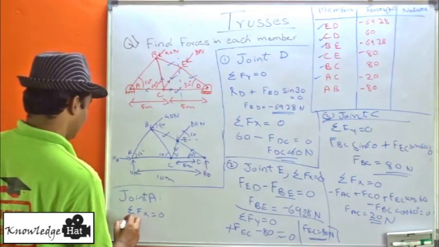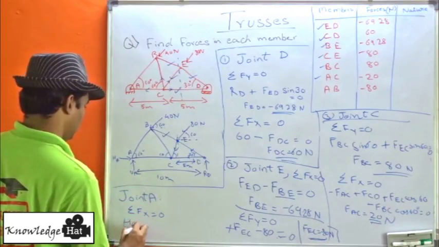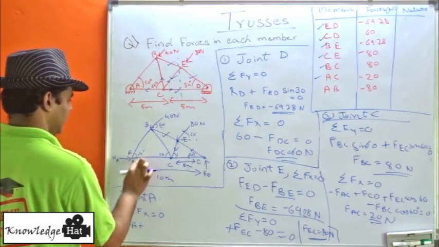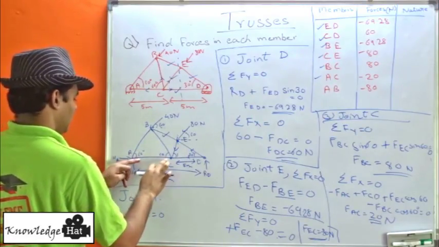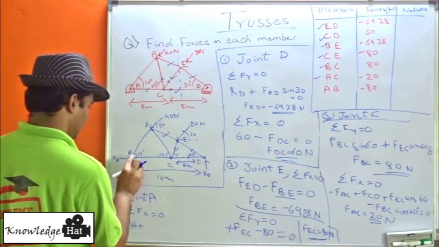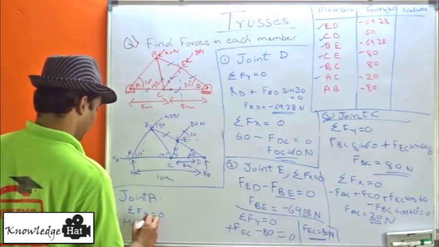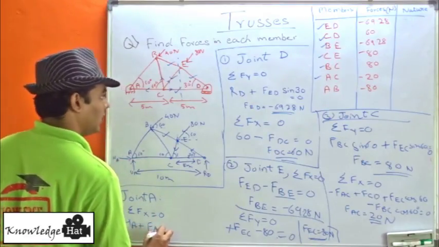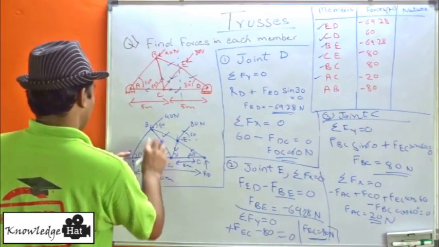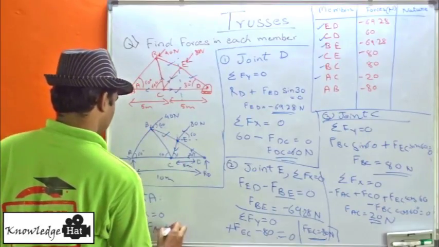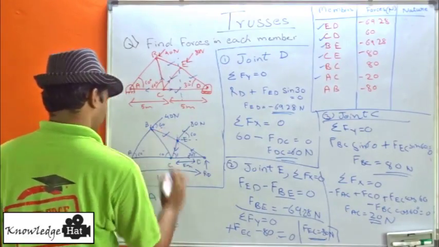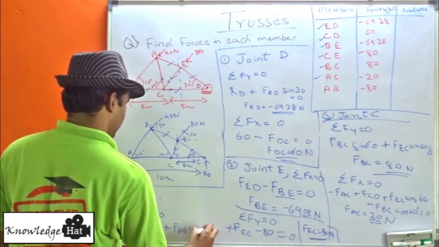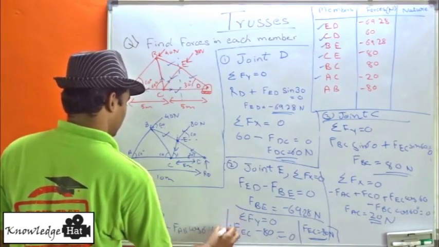So this would be HA plus we'll have a force from this member, which would be again positive F of AC, which we found earlier, and plus F of AB, making an angle of 60 degrees, so cos of 60, and we equate it to 0.